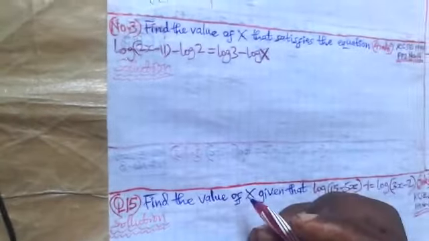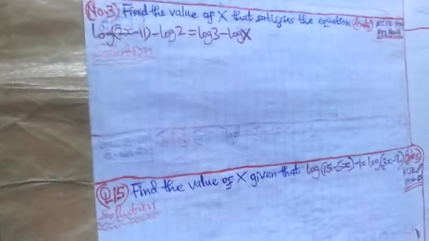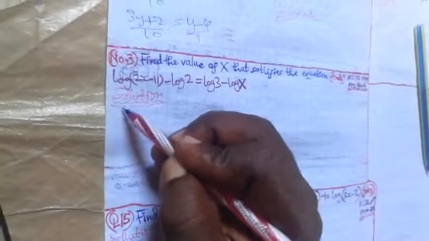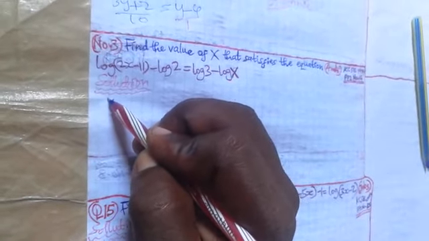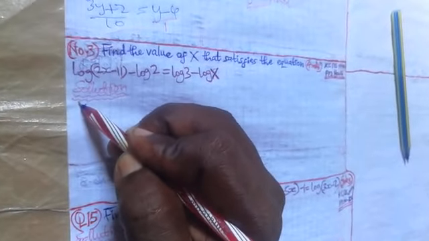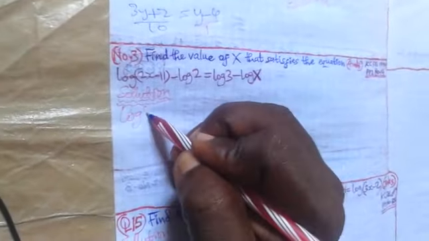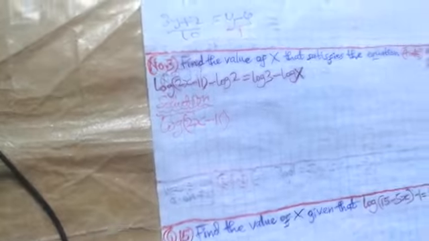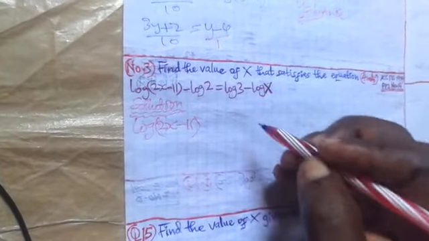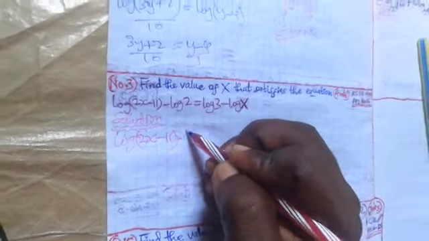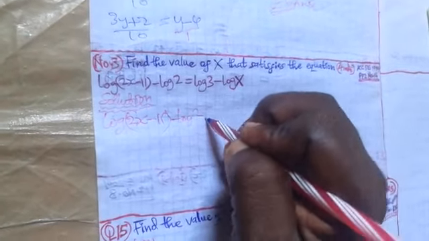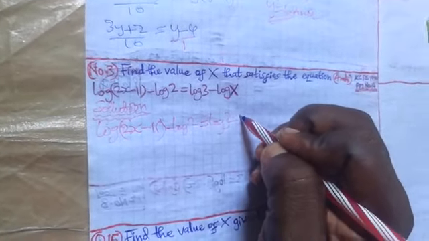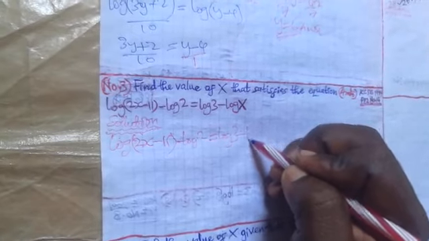If we have been instructed to find x, first we collect like terms together. So this will give us log of 2x minus 11 minus 2 log minus log 2 is equal to log 3 minus log x.